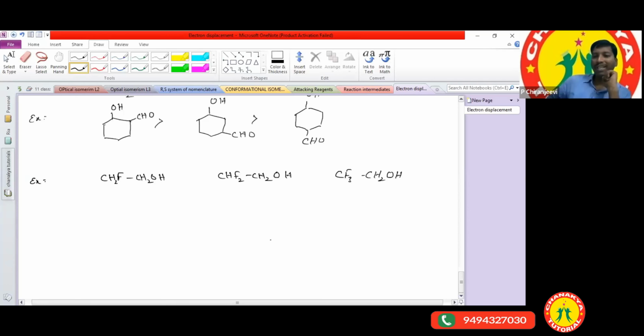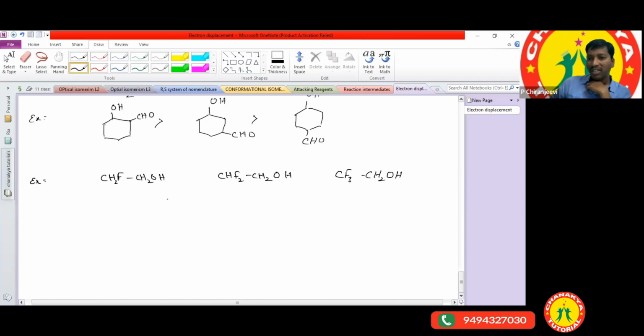Which one is more acidic in nature? Fluoroethanol, difluoroethanol, trifluoroethanol. Sirisha, which one is more acidic in nature? The condition is that as the number of electron withdrawing groups increases, the acidic strength increases.